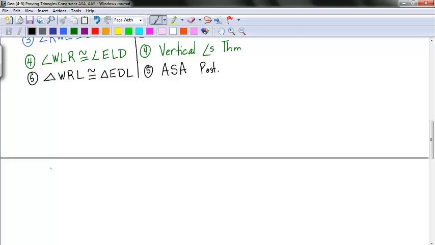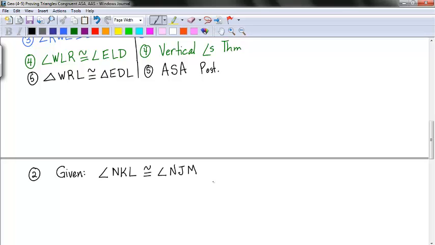Okay, another example. Same thing, write a two-column proof. You're given angle NKL is congruent to angle NJM.